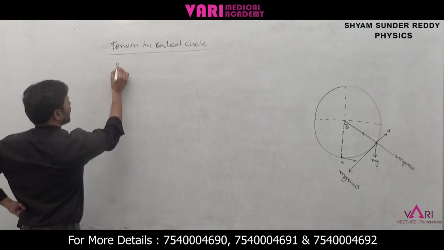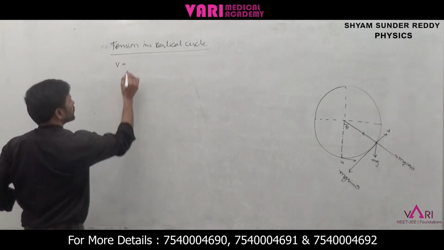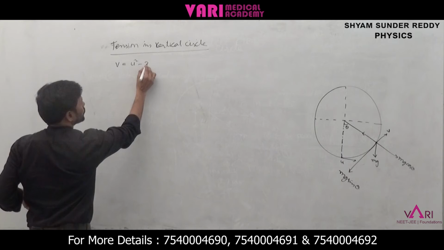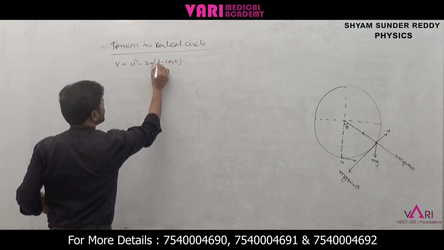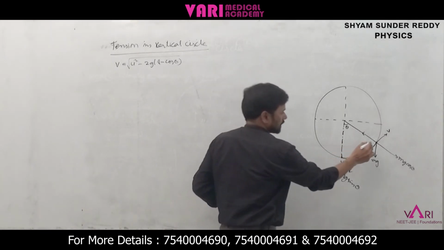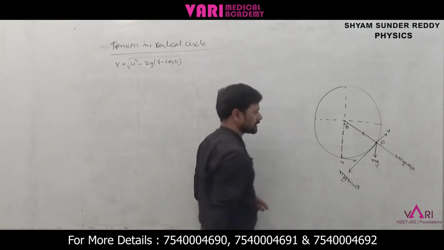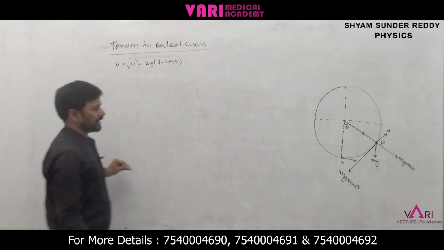Now, what do we have? Already we found V, the velocity: V is the square root of U square minus 2gL into (1 minus cos θ), at point P. At this point, now we want the tension.